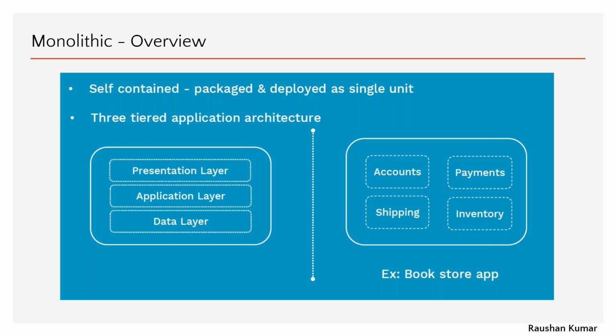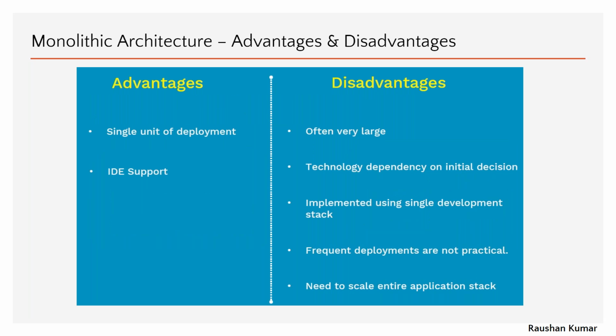I have to stick with the same initial decision, either Java or Node.js, whatever I selected initially. So that is one of the disadvantages here, and we will understand how microservices address this and how things are developed in microservices. Once we understand both, you can understand these things better.